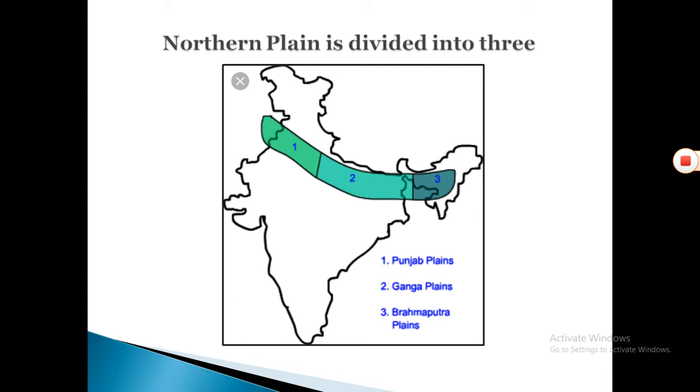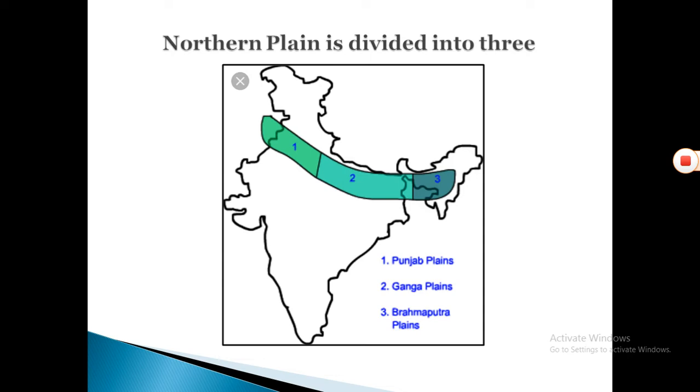The northern plain is formed by the alluvial soil deposited by three great rivers, namely the Satluj, the Ganga, and the Brahmaputra, and their tributaries. Hence, the northern plain is divided into three regions.